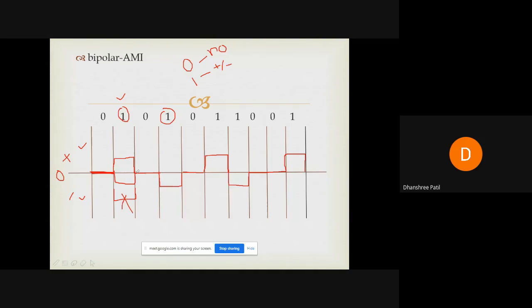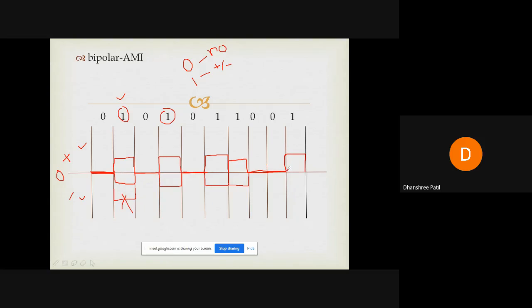Then 0 means same. Now the next is 1. Here I have represented the previous 1 as negative, so the next one will be positive. Again 0, no signal. Now here it is positive, so this will be negative. Again 1, so it will be positive. Then 0, no signal, no signal, and again 1.